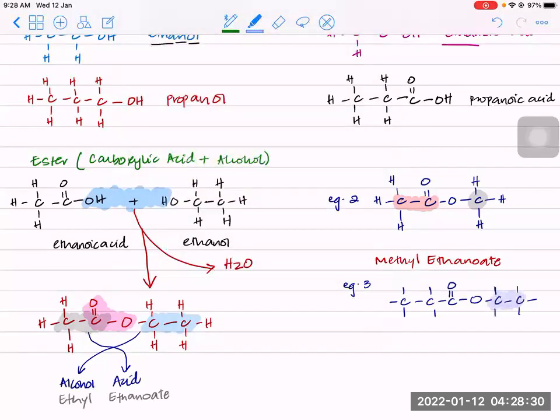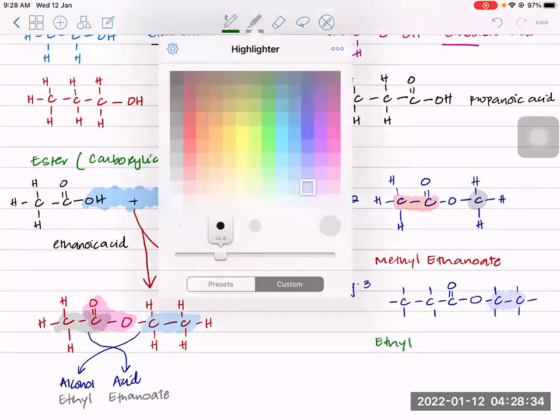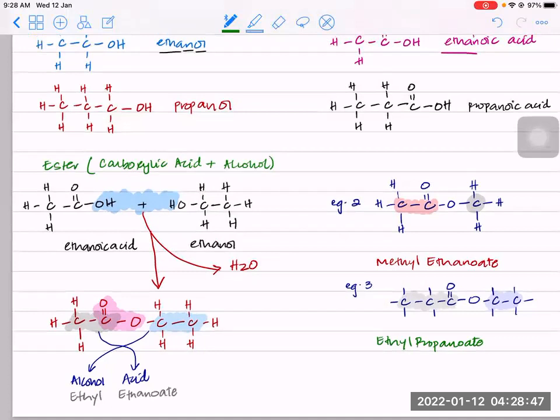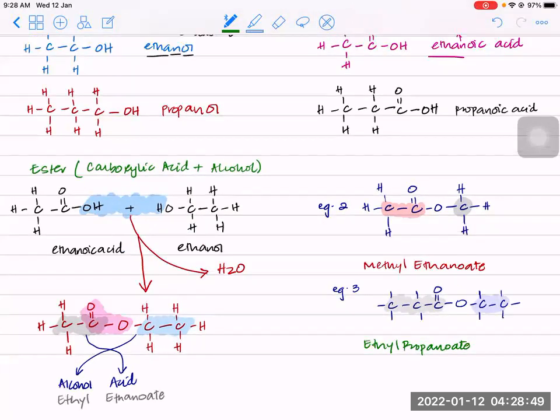That's how many carbons? 2. So we will call this ethyl. And then how many carbons do you have before the C single bond O? 3. So we will call this propanoate. So this is ethyl propanoate. Clear? Is this clear? That is the naming of esters.